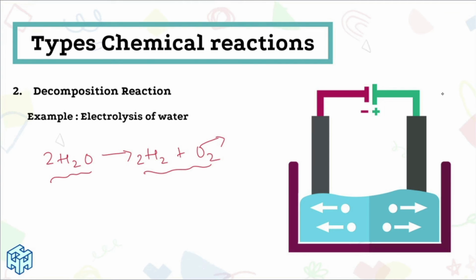This decomposition process is used to create oxygen from water. We have water, we electrolyze it, and we get oxygen and hydrogen. There is not much discussion about electrolysis in your syllabus, so I will restrict myself to the textbook.